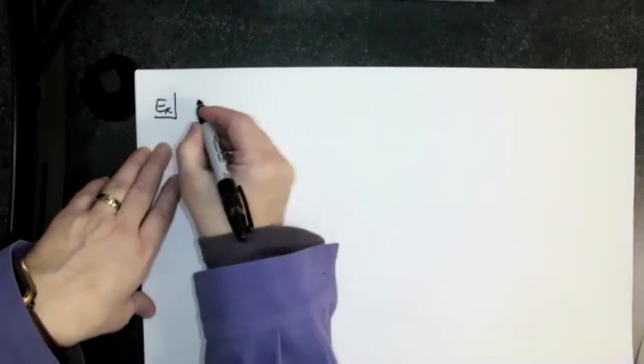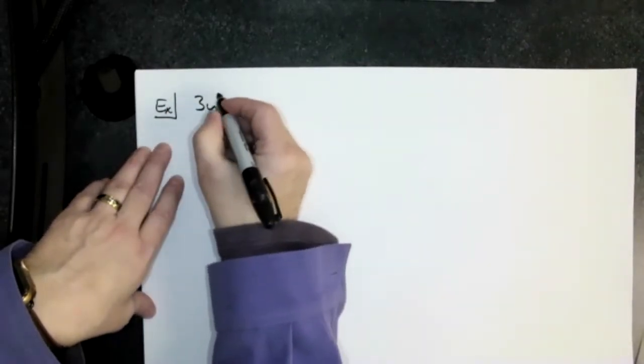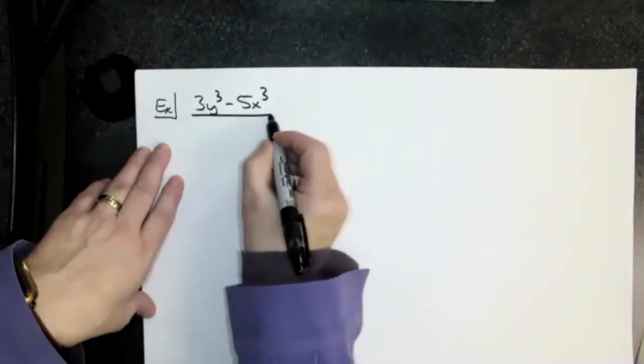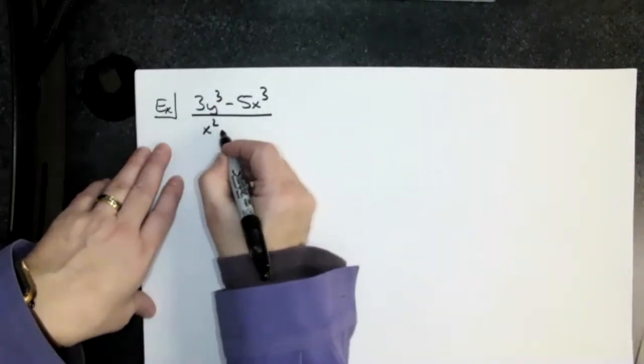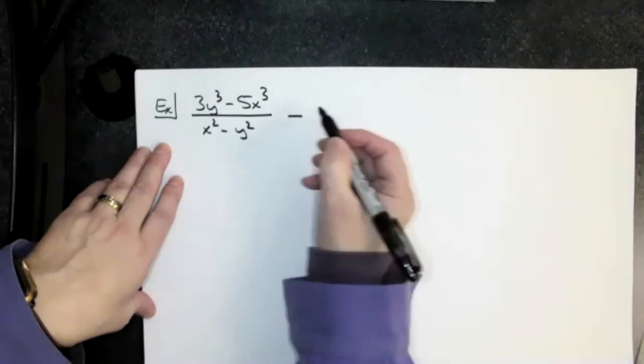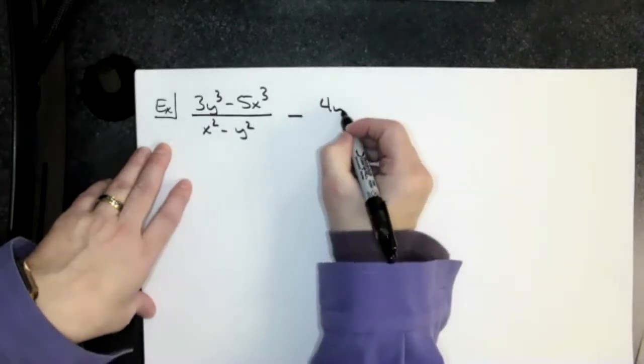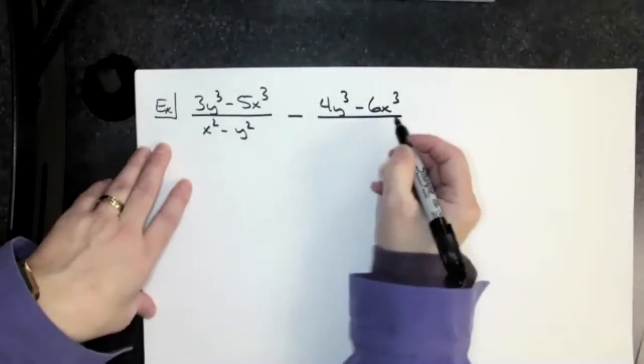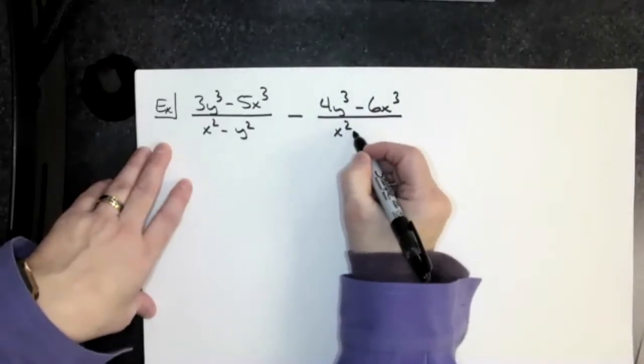So let's suppose we had an example, and let's throw some more letters in. Let's put 3y to the third minus 5x to the third, all over x squared minus y squared, and then minus 4y to the third minus 6x to the third, all over x squared minus y squared.